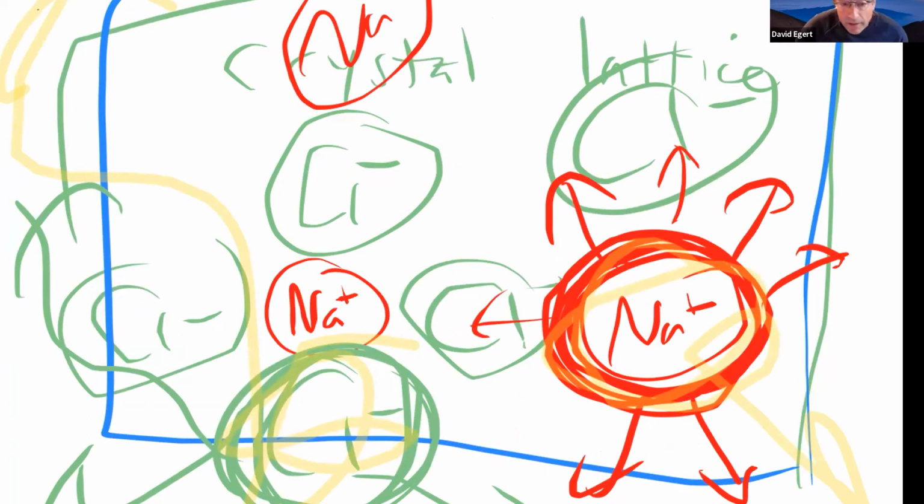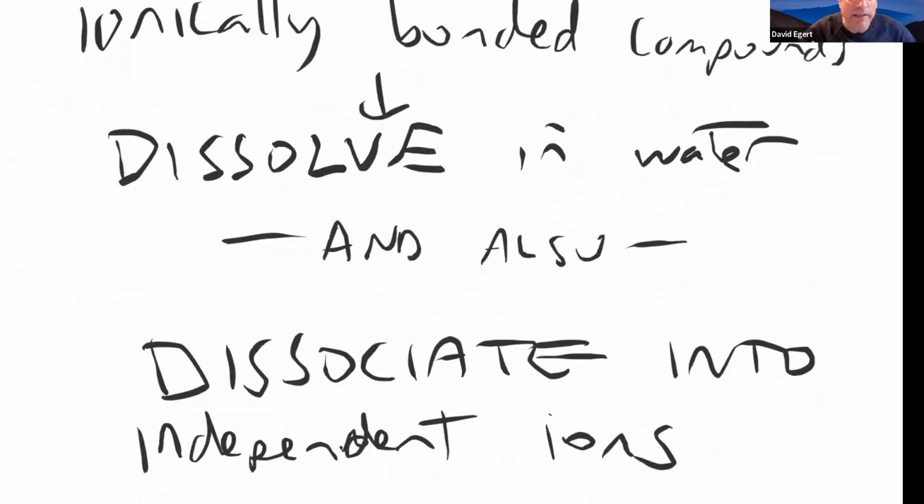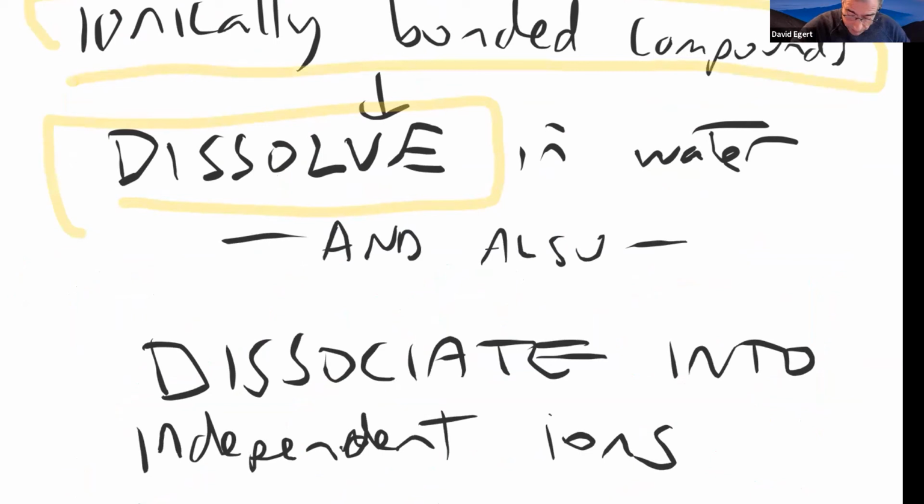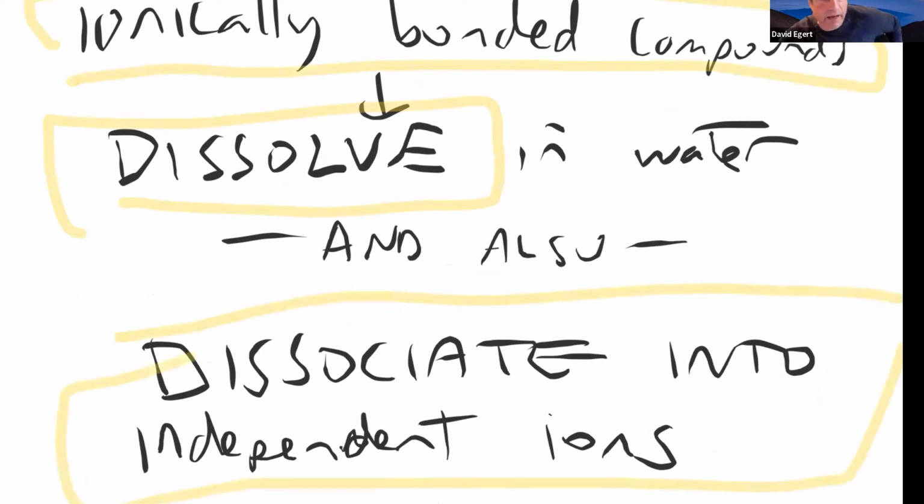So that's going to be a super important distinction when I look at covalently bonded things. They're going to dissolve, but they do not dissociate. They stay intact. Whereas an ionically bonded compound is going to dissociate into independent ions in addition to dissolving.